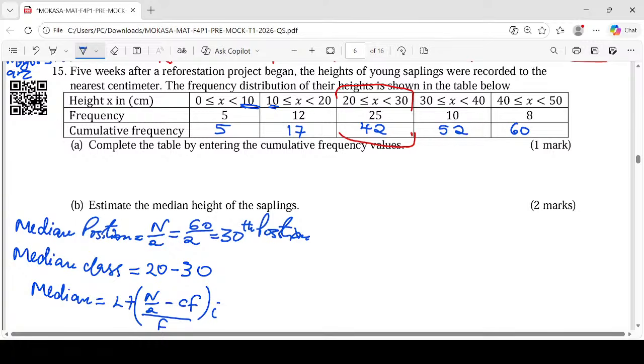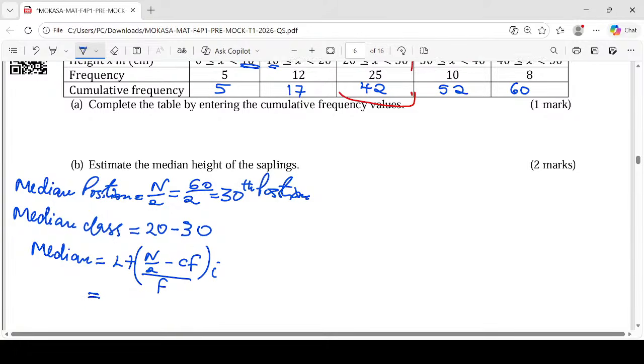I hope you are getting my point here well. Did I add this well? 17 plus 25, is it right? Yes, it is entirely correct. Let us make progress.